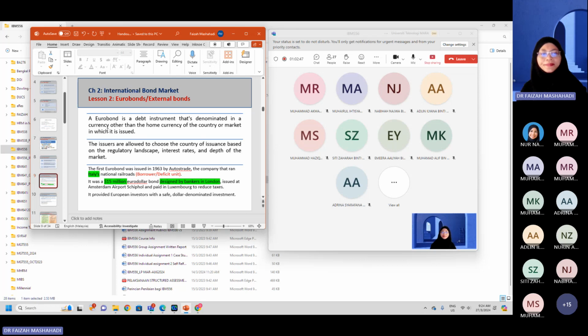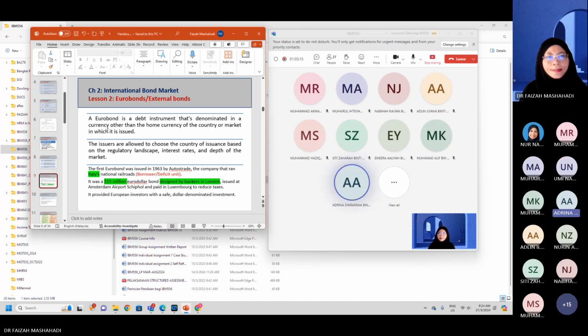Where is the country? Denominated in Singapore dollar.